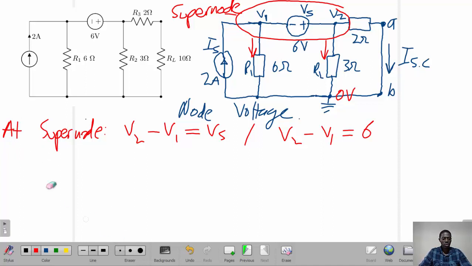And then the second equation is what we call inside the supernode. So this is inside, and then at the supernode, what we have is what is entering this circle and what is leaving that circle. Remember, we're applying KCL. The sum of currents entering a node must be equal to the sum of currents leaving that same node. So when we look at this, we've got our IS, which is this source entering, and the rest are leaving.